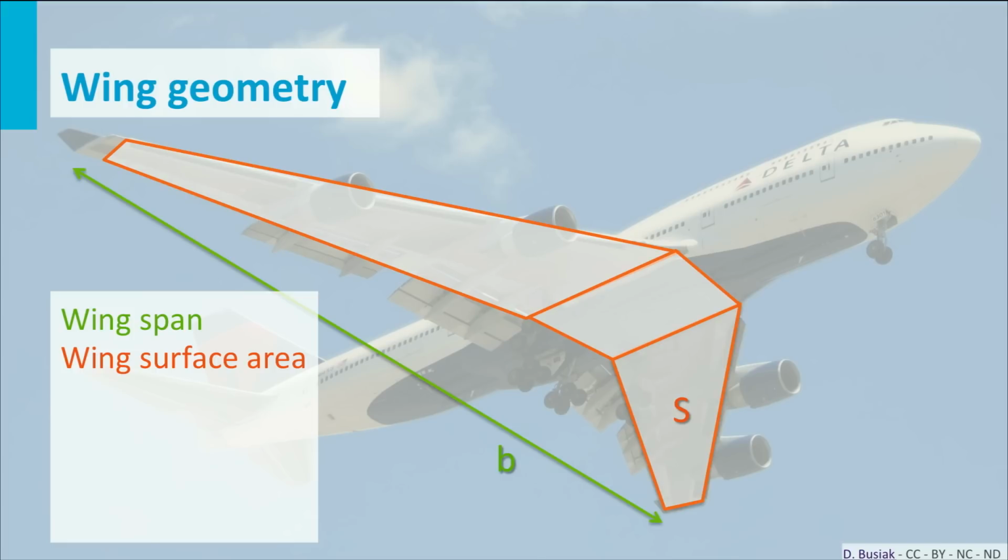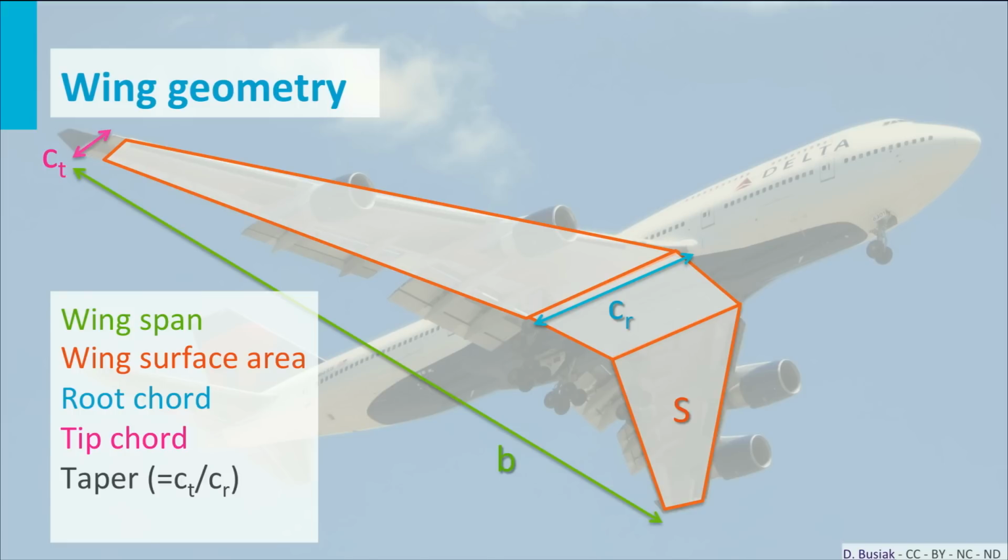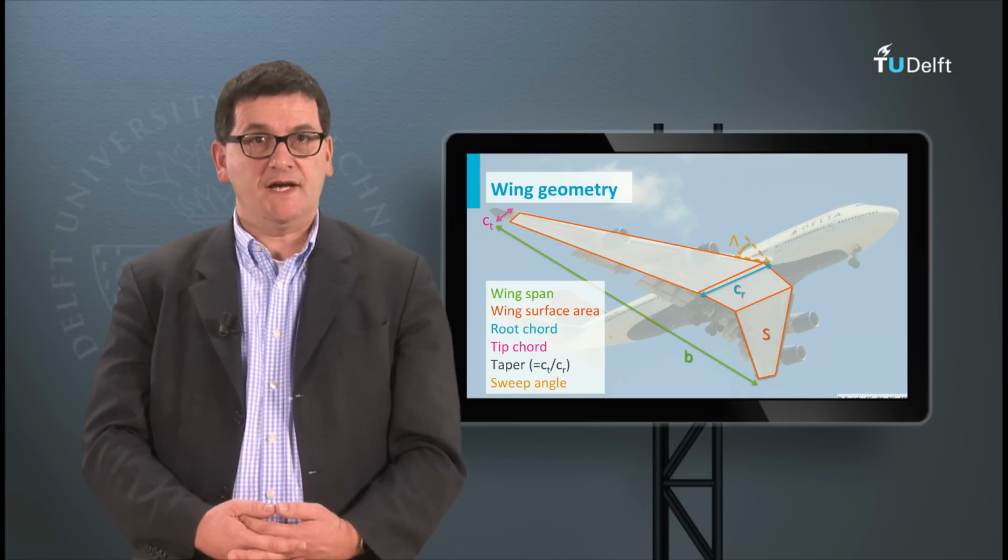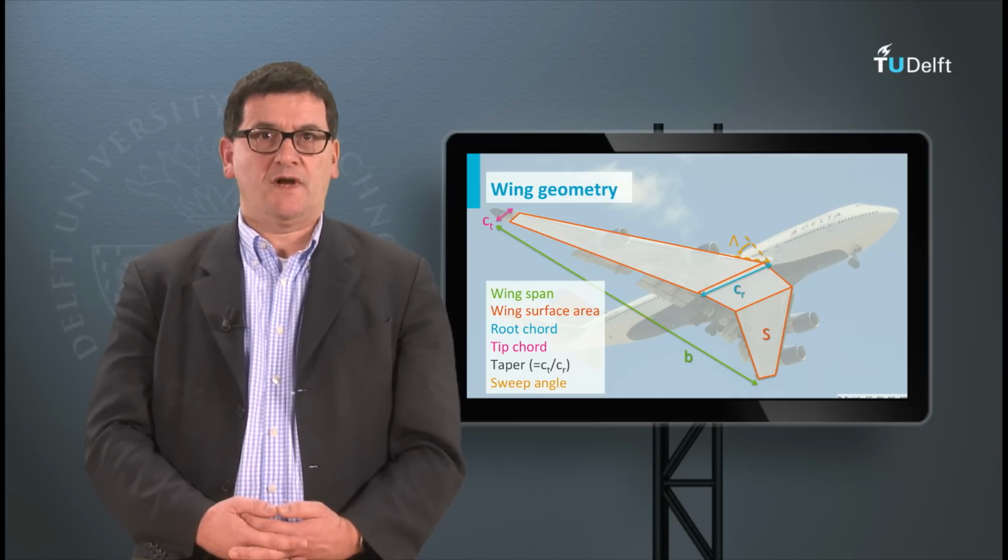It should be noted that there might be some small differences between several definitions of this area. Next we have the root chord and the tip chord, which represents the chord length at the wing roots and wing tip, respectively. The taper is the ratio between these two. The last parameter to mention is the sweep angle, which is the angle between the leading edge and the y-axis of our coordinate system.